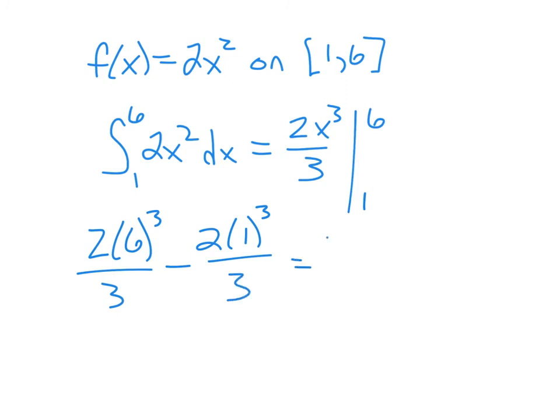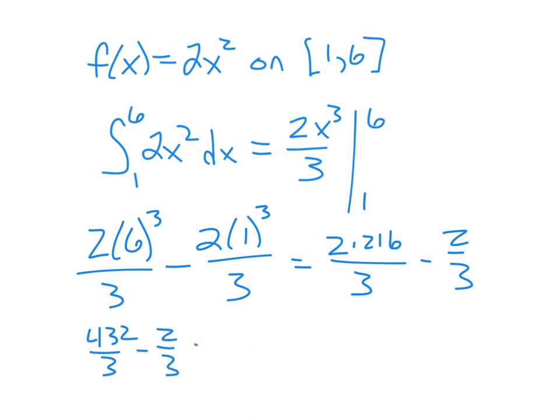So that's 2 times 216 over 3 minus 2/3. 216 times 2 is 432 over 3 minus 2/3, which is 430 over 3, which is going to be this 143 1/3 that you guys found through doing the whole limit summation situation.